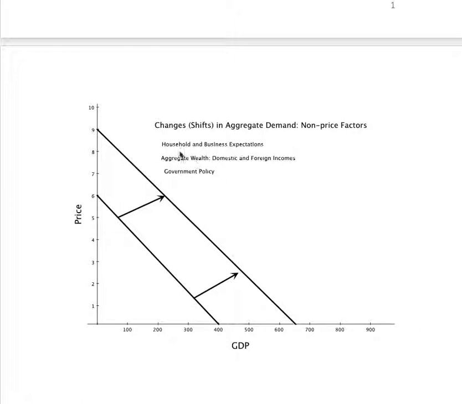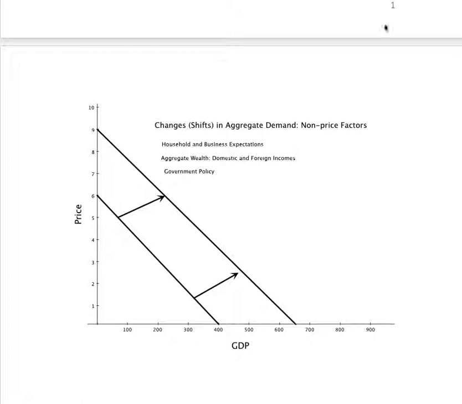The first factor is household and business expectations. What this implies is that if we're optimistic about the future, I'm a household, I'm a consumer, if I think things are going to get better, job security, I'm going to get an increase in my salary, and businesses are optimistic, the economy is going to be robust, so there's going to be that tendency to expand.